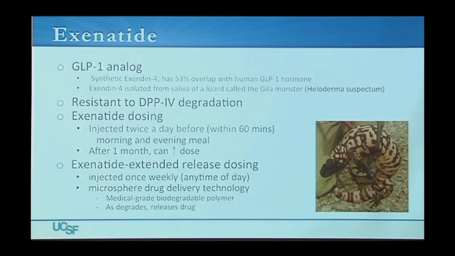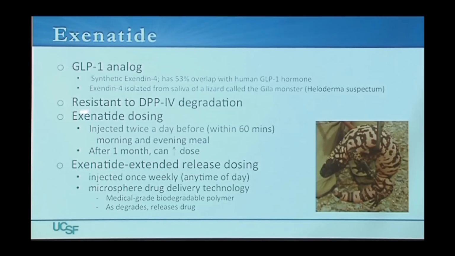But the difference with what's called exendin is that it's resistant to the human enzyme that normally would degrade GLP-1. So it just doesn't get cleared by our body as quickly. So that's why it's able to be used for medication and only has to be given twice a day. This is by injection.